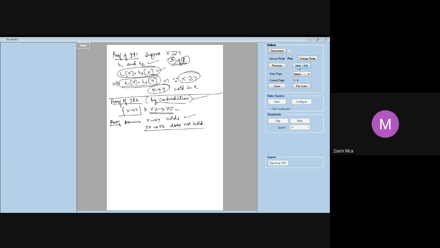So what is the definition of X determines Y? If T1 of X is equal to T2 of X, then T1 of Y is also equal to T2 of Y. That's our definition of functional dependency. So you have to go through that definition only. Now, we have assumed that this does not hold.